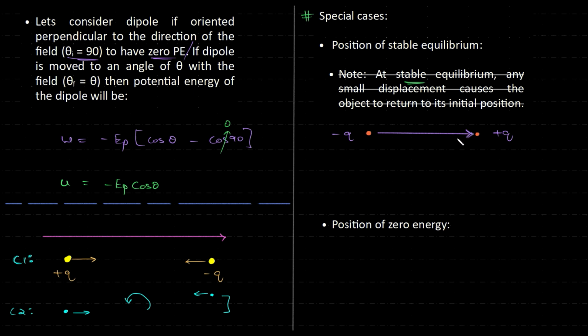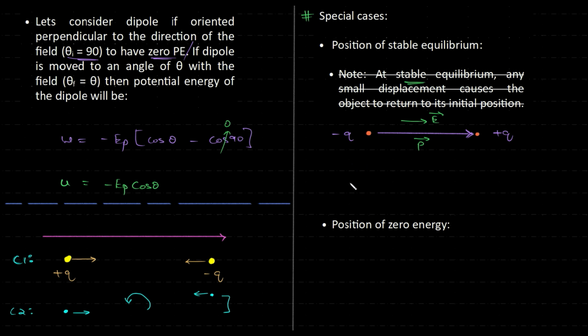So what is the angle now? The angle between your electrical field and your dipole moment is one and the same. So basically theta is equal to 0 degree. Agree? Think about it.